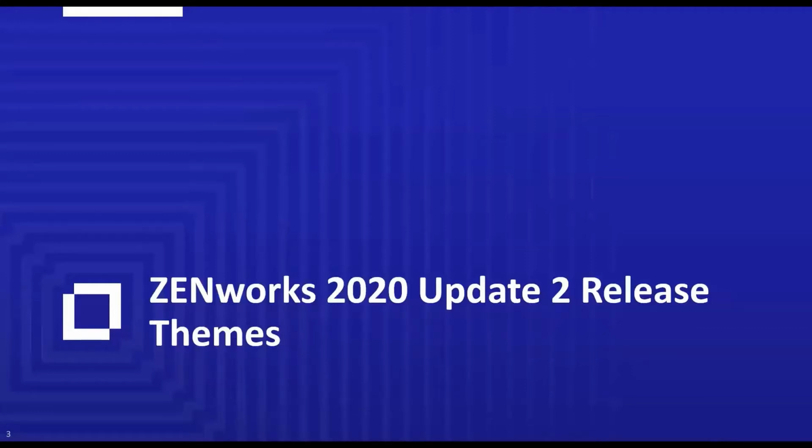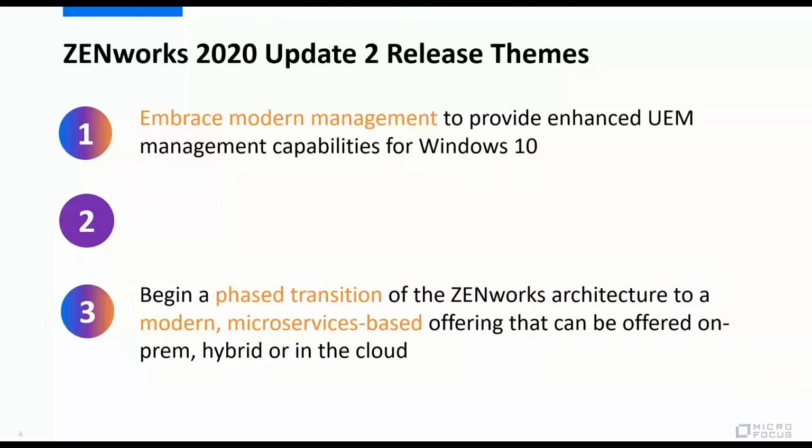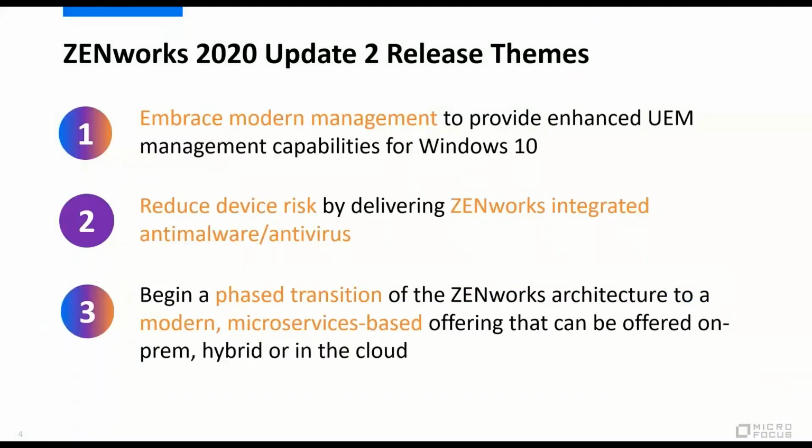So let's have a quick look at the release themes for ZENworks 2020 Update 2. In ZENworks 2020 Update 2, we started out with 3 release themes. The first was that we wanted to embrace modern management, so that we can provide modern management capabilities for Windows 10 in this release.